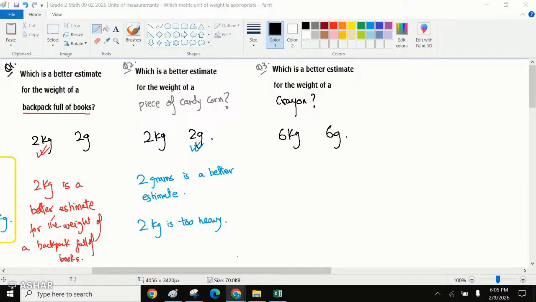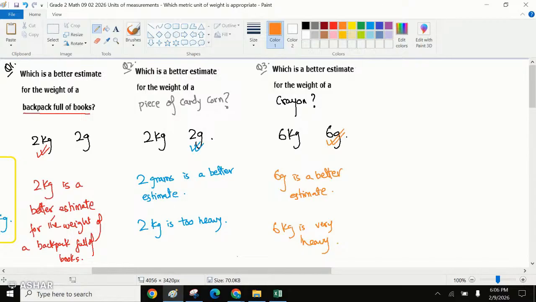Can a crayon that you use to color weigh 6 kilograms or 6 grams? So we know that a crayon has to be lightweight because we need to lift it up. So we can say 6 grams is a better estimate, and 6 kilograms is very heavy.